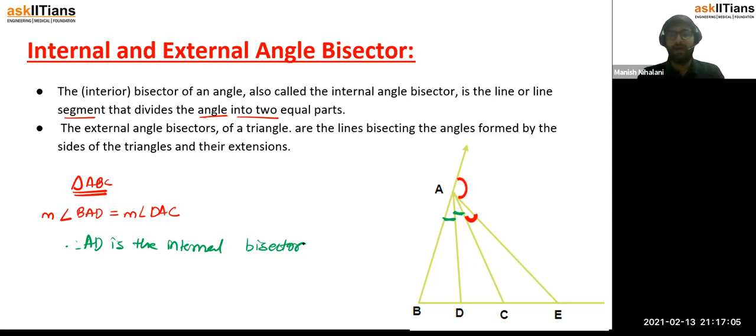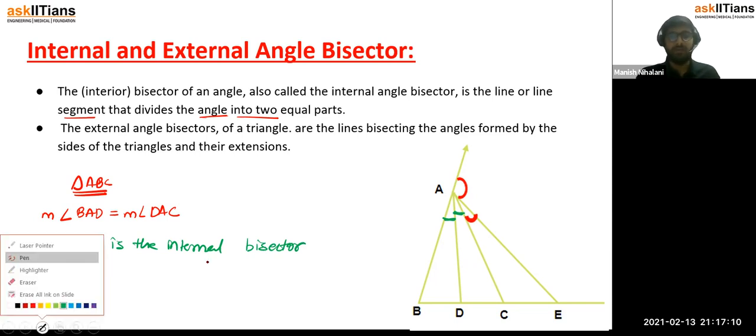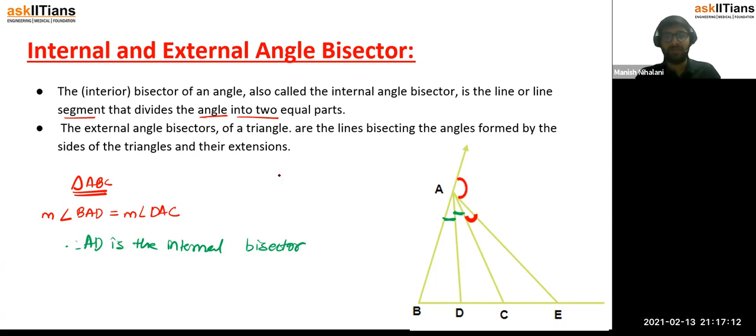Now if you look at the exterior angle A, measure angle CAE is equal to measure angle EAF, as these two red markings show; these two angles are equal.